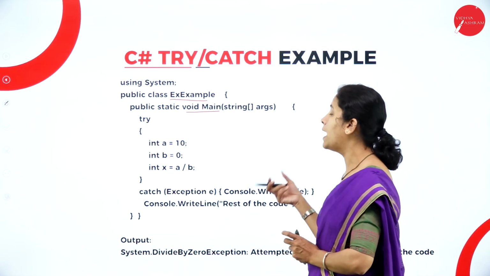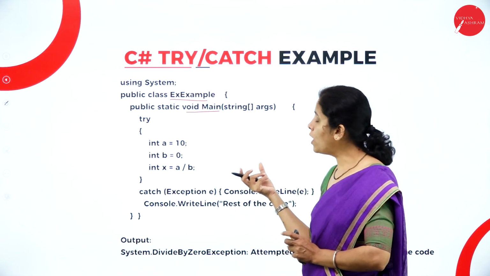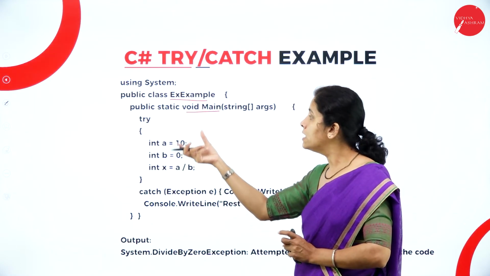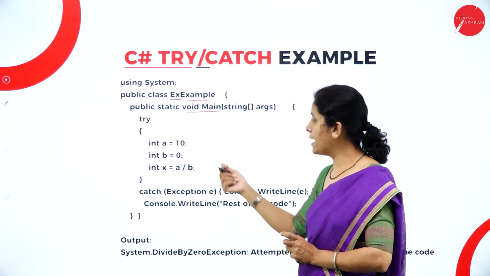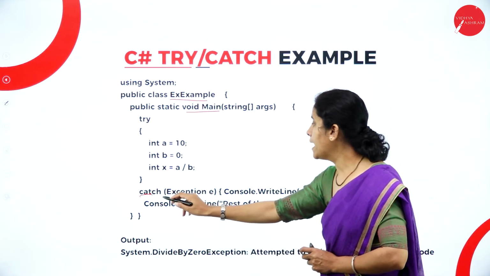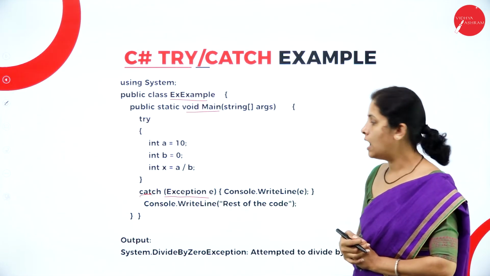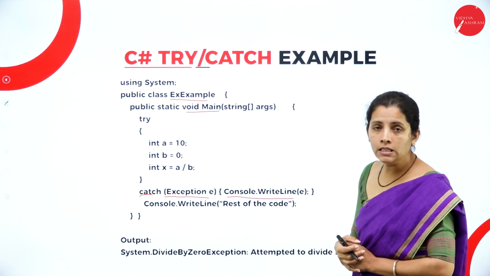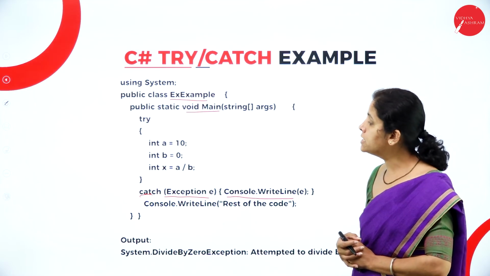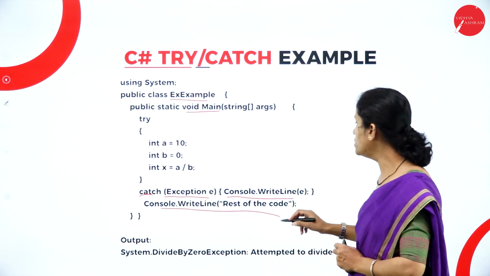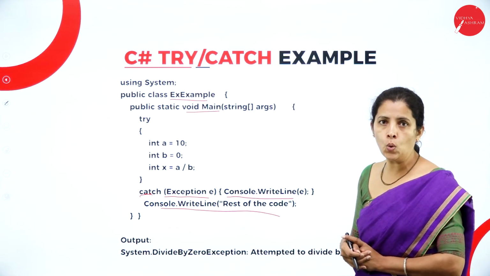Now, I want to handle the error. So I'm going to write this code within the try block. And here I have the catch block, and I'm going to write Exception E. I'm going to handle the exception by using the catch block, and display the output, that is, the rest of the code.